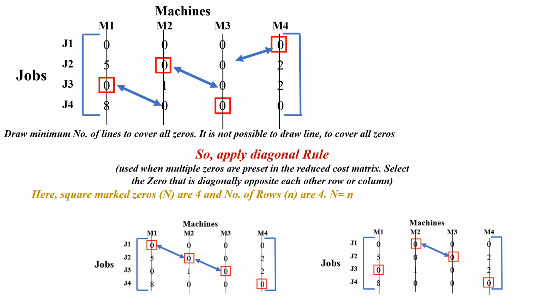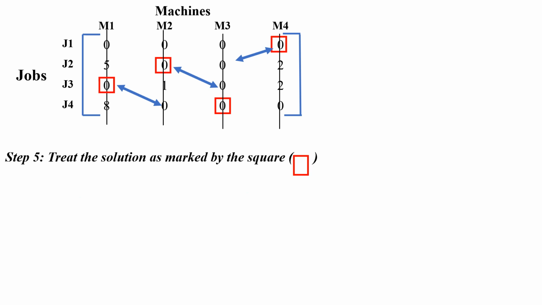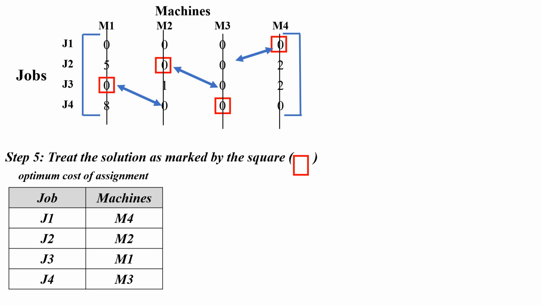Here observe that the square marked zeros are 4 and the number of rows is also 4. So the total number of square marked zeros is equal to the total number of rows. Then I have to move to step 5. Step 5 is to treat the solution as marked by the squares, and the optimal assignment is job J1 with machine M4, job J2 with machine M2, job J3 with machine M1, job J4 with machine M3.